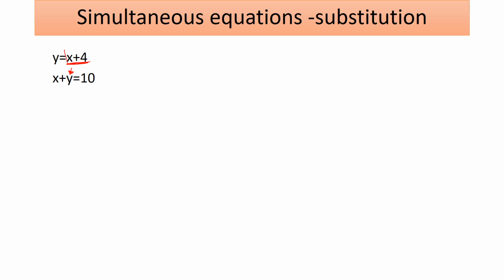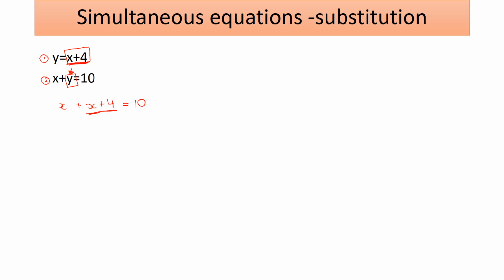So this can go here, as this is the value of y. So I can rewrite the second equation using this expression here for the value of y. So that will be x plus 4. Notice x plus 4 is the value of y, and that is equal to 10. It must be equal to 10 because I'm using the second equation.